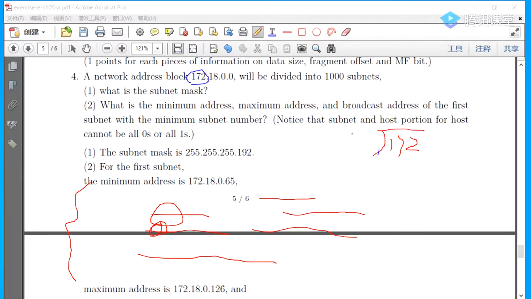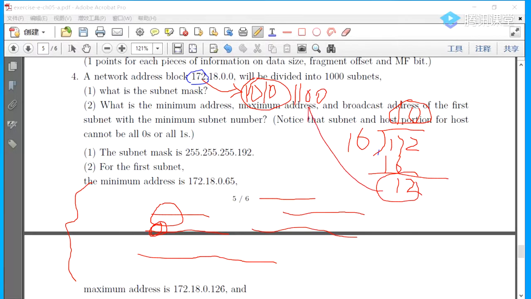We should convert it into binary notation. 172 is 1010 followed by 1100, which is 10 and 12, right?